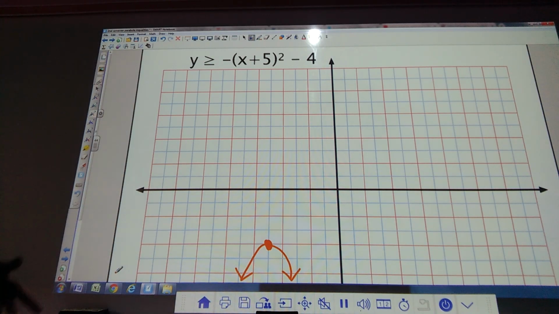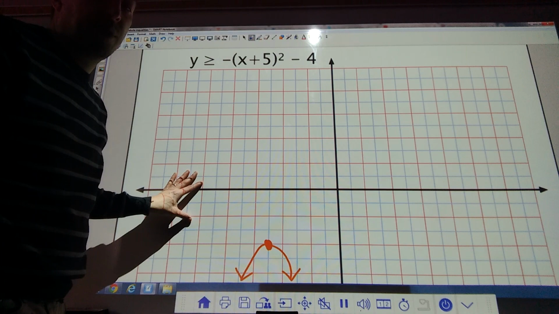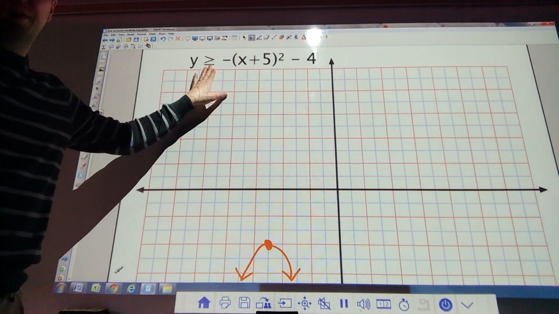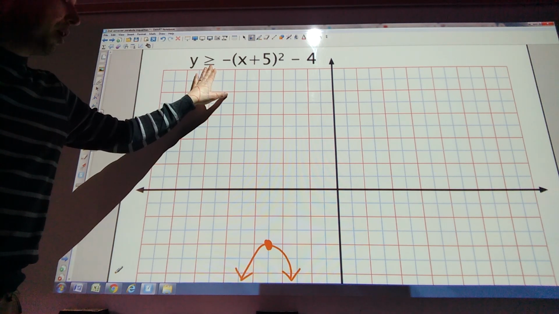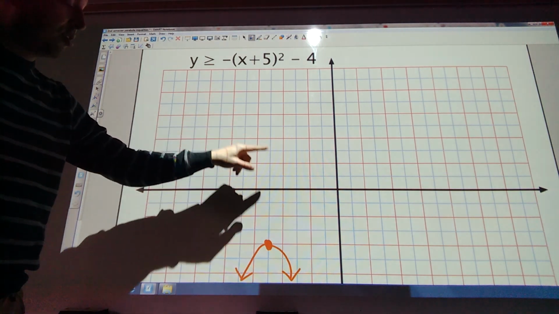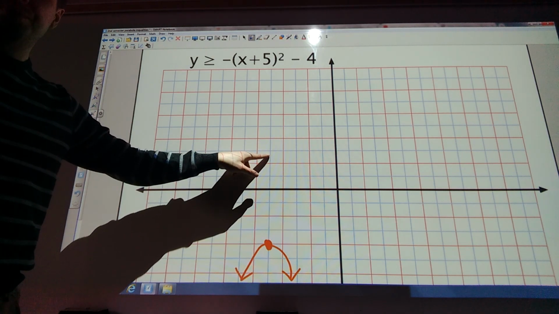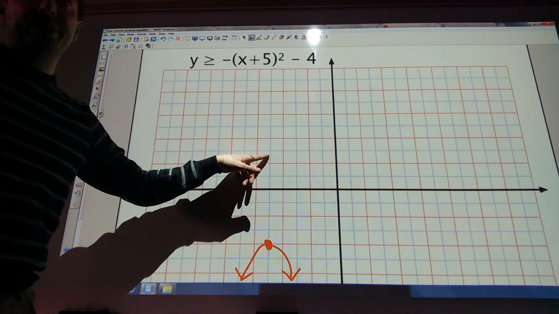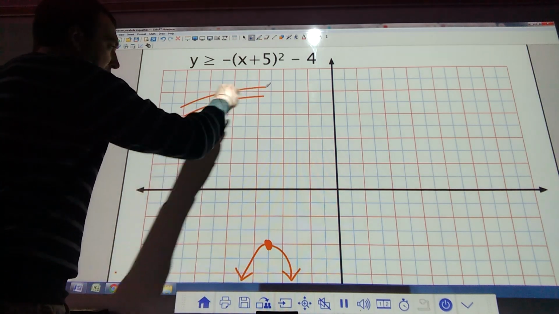But now we need to shade. We either shade on the outside of the parabola or on the inside. So we go here. It's greater than. Greater than means above. Above the vertex. There's the vertex. We go above. And above the vertex is actually on the outside again. It's not always the outside. Sometimes it's the inside. But we shade on the outside of the parabola.